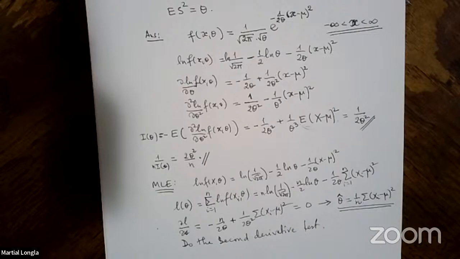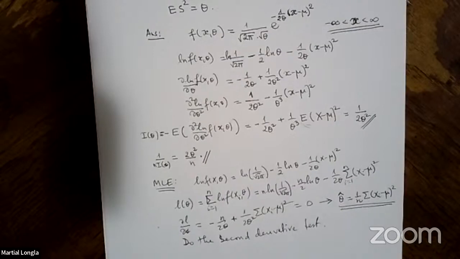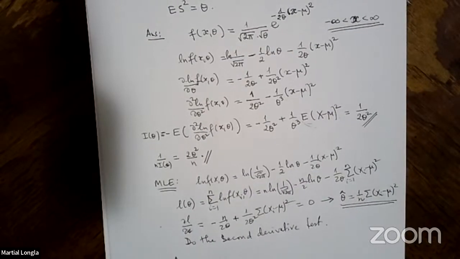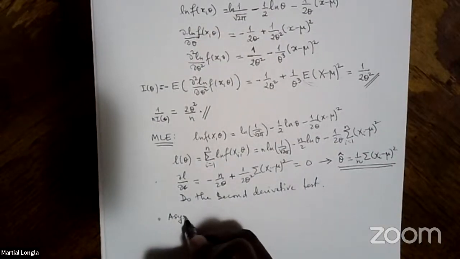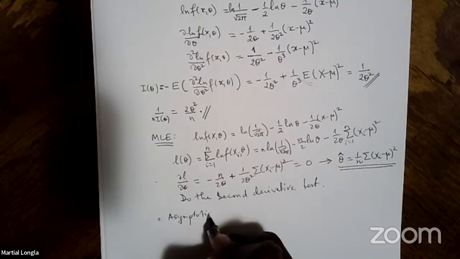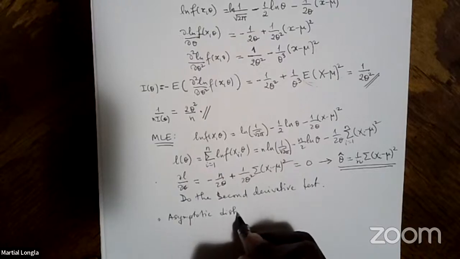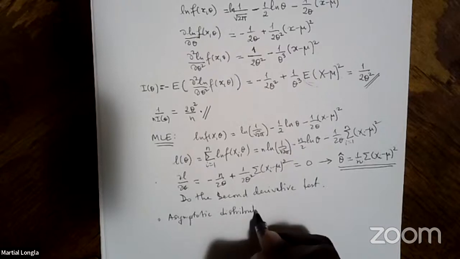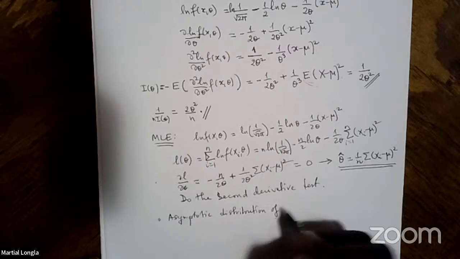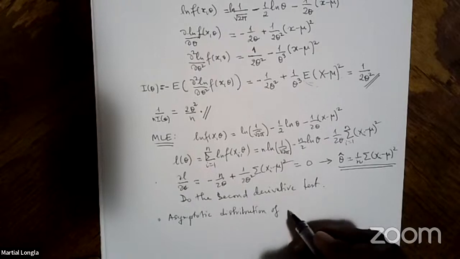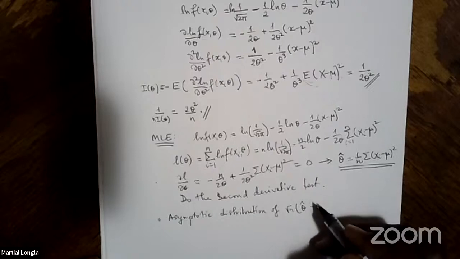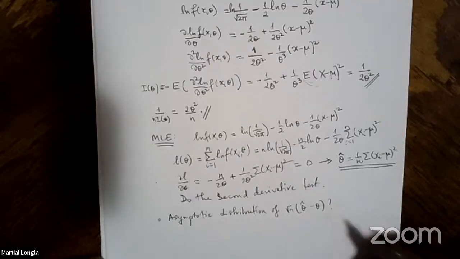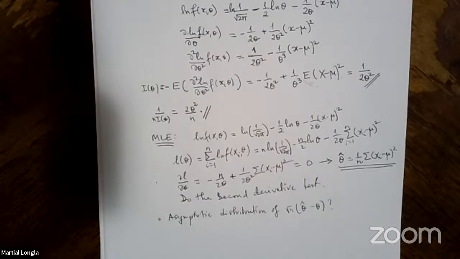And say we ask, what is the asymptotic distribution of square root of n times (theta hat minus theta)? What do you think?